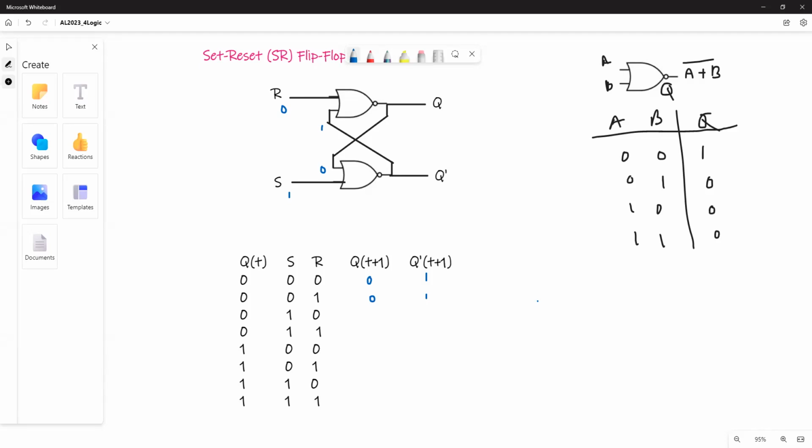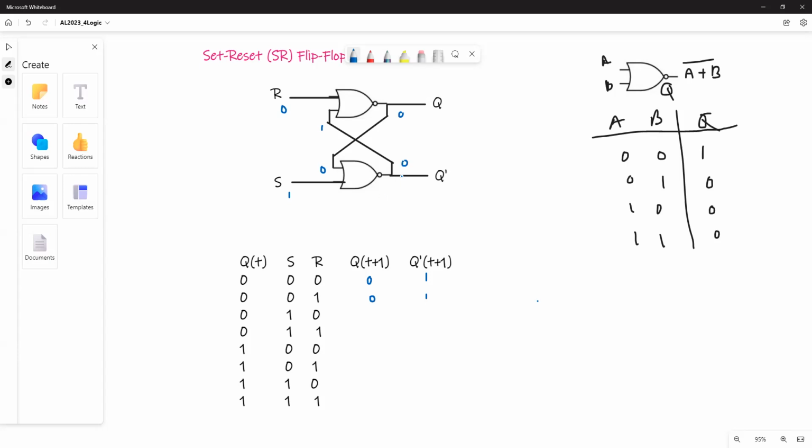Yes, S is 1, R is 0. And Q is 0, so Q bar is 1. So Mavinia, when you have 0 and 1, what is the output? Yes, when you have 0 and 1, the Q is 0. Kanta, when you have 0 and 1, what is the output? 0. Okay, so this is 0.